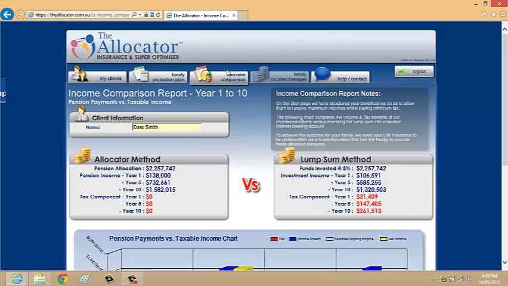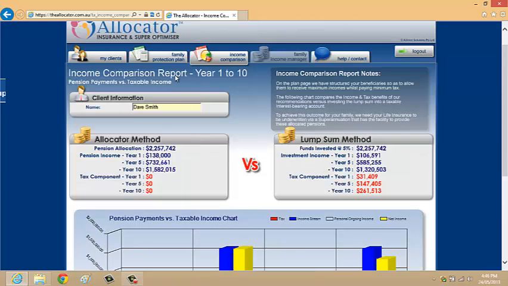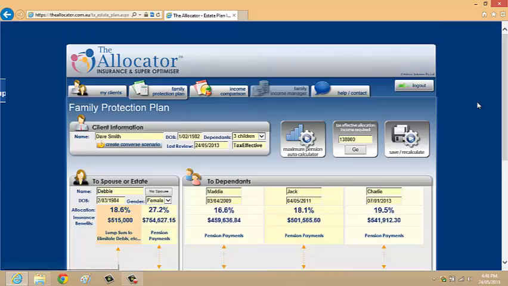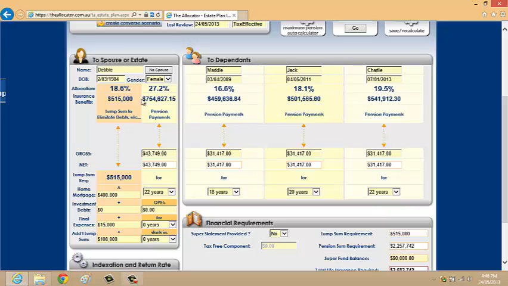But the result for this family is now this outcome. And this is the power that the allocator brings to your business, because no longer do we need to use guesswork. We have the exact beneficiary allocation to determine the optimum outcome for your family.